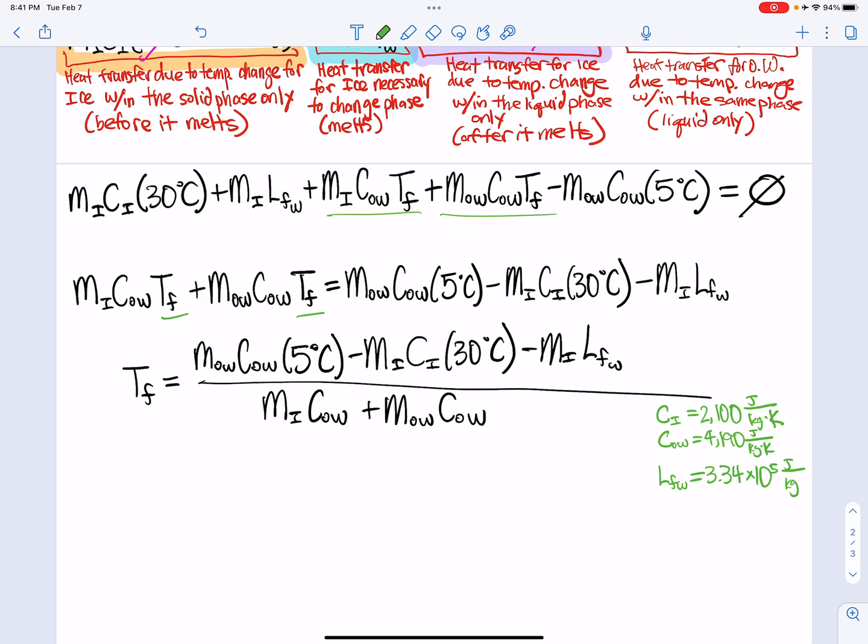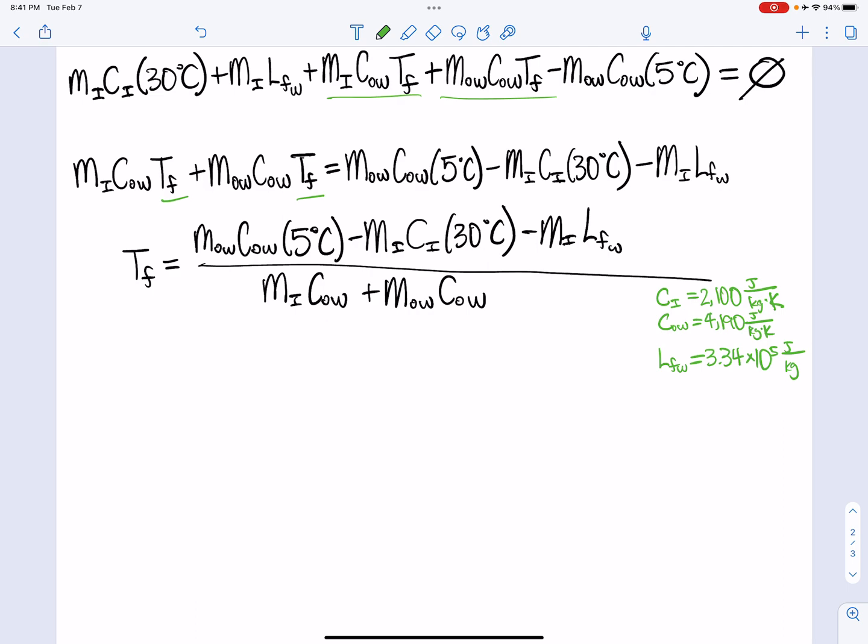So now I know all the values on the right side of the equation, and I can just plug it in my calculator and get the final temperature.